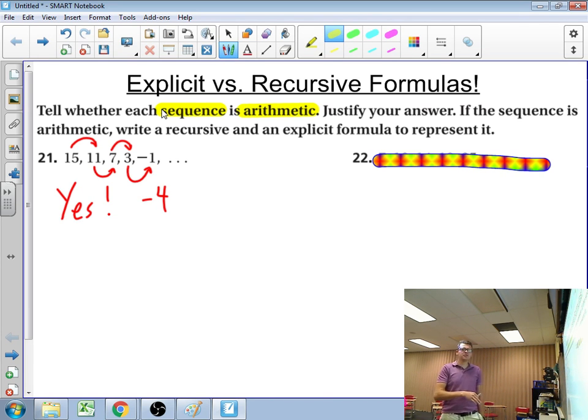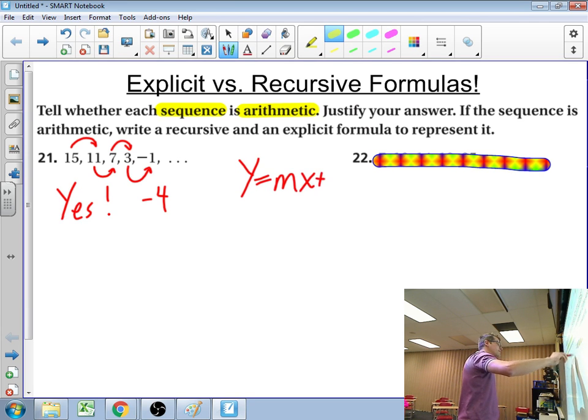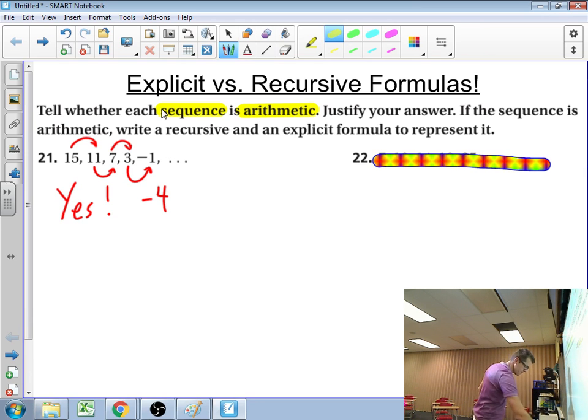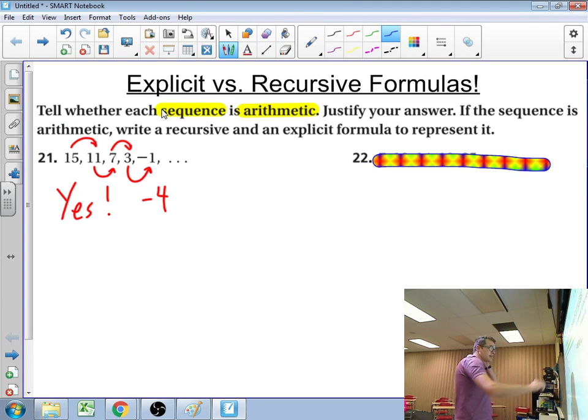But I need to use that knowledge and write an explicit and a recursive formula. So an explicit formula is what you're pretty used to. When we would write like y equals mx plus b, a formula in that form, that is essentially an explicit formula. But now we're going to change our notation a little bit. Now we're going to start using either our sub notation or our function notation.